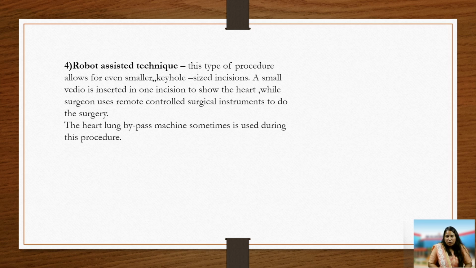This type of procedure allows for even smaller keyhole sized incisions. A small video camera is inserted in one incision to show the heart, while the surgeon uses remote controlled surgical instruments to do the surgery. The heart lung bypass machine sometimes is used during this procedure.